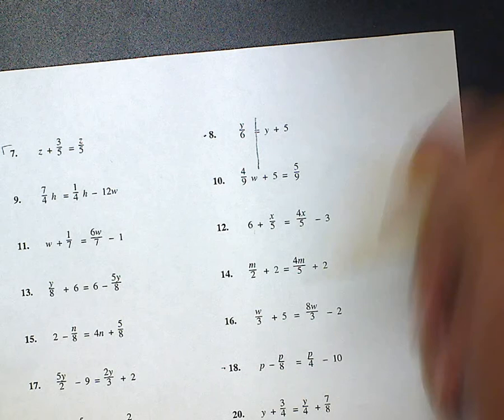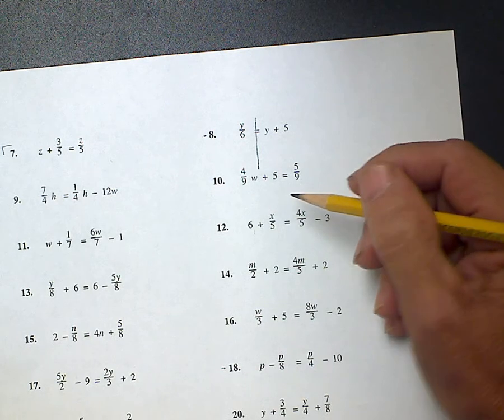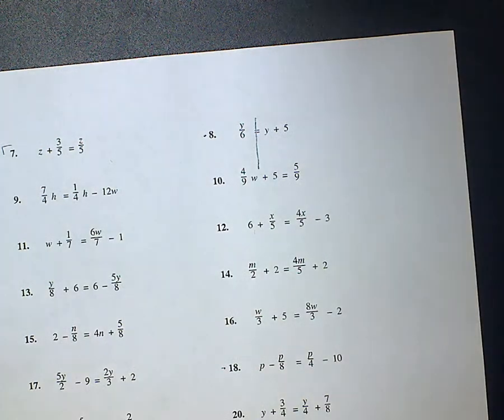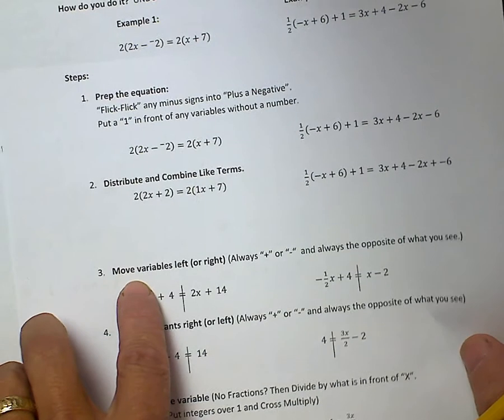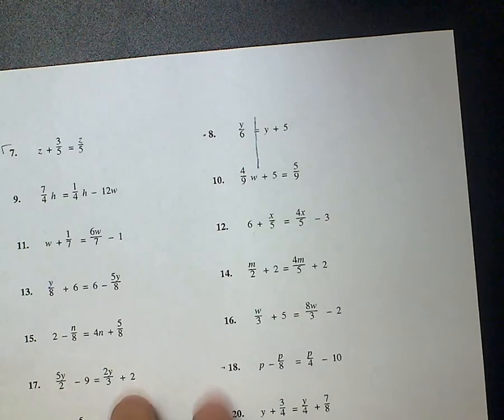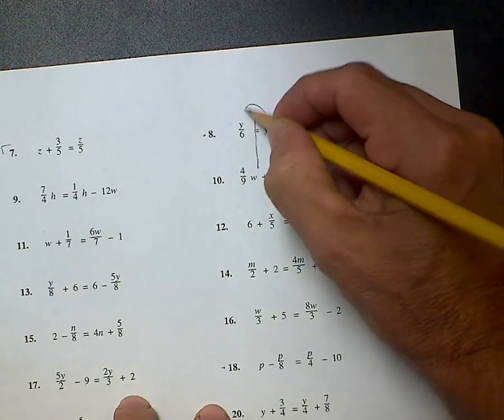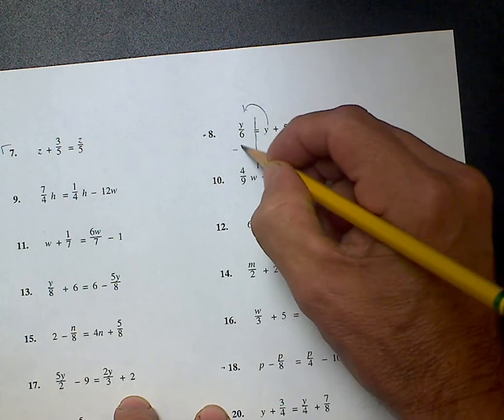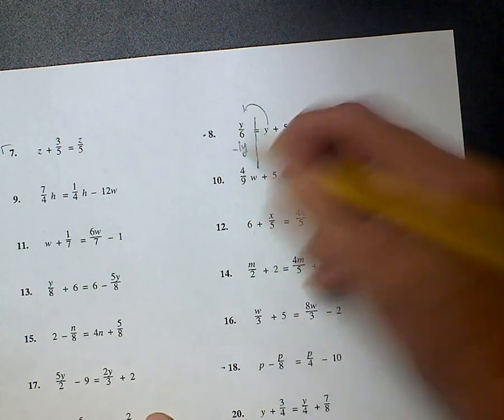Before I can start solving this, I need to get all my variables on the left-hand side. So basically, step 3 from the notes from before, the idea of moving the variables left to right. Get them on one side. So I'm going to move the y over here, and remember, that's one y right there.